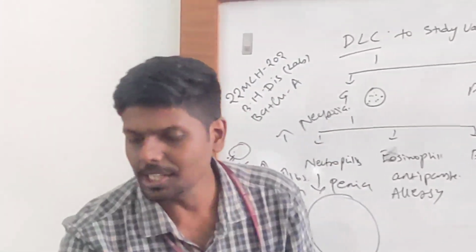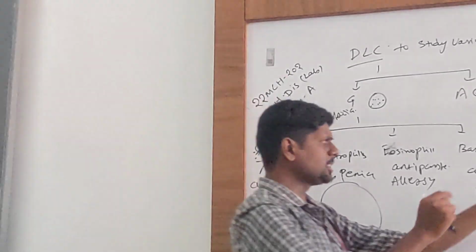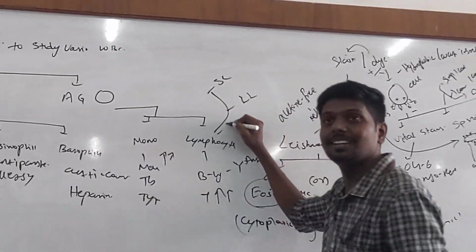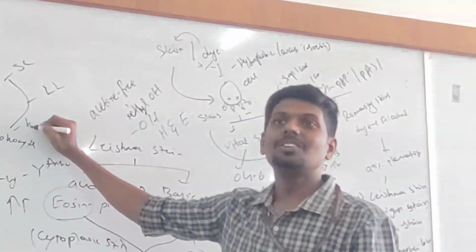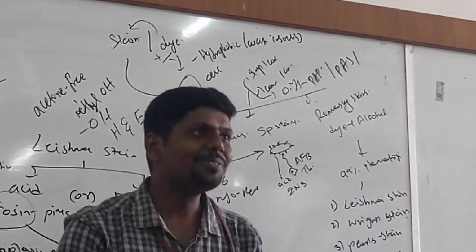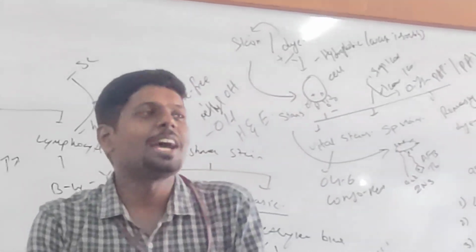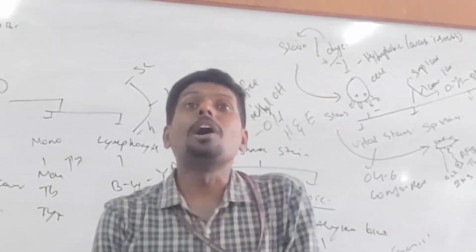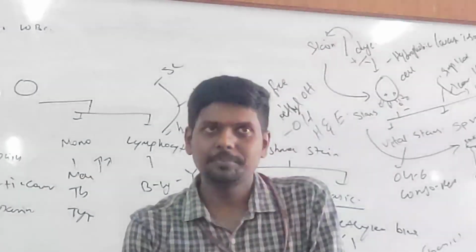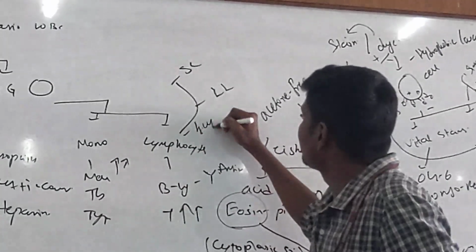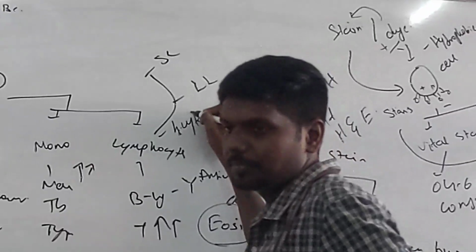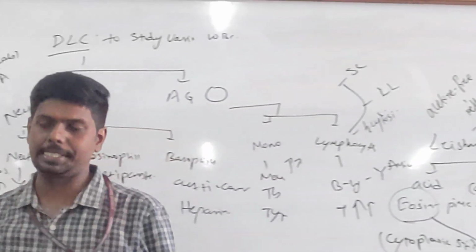Very good. Next one. Increased lymphocytes is called as lymphocytosis. Write down. Lymphocytosis.